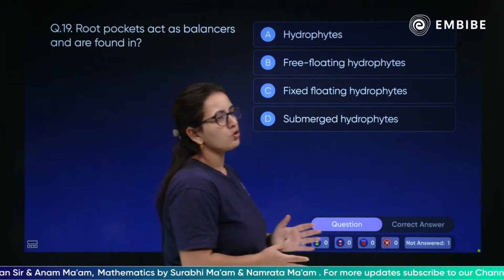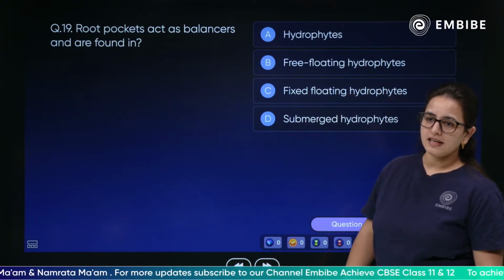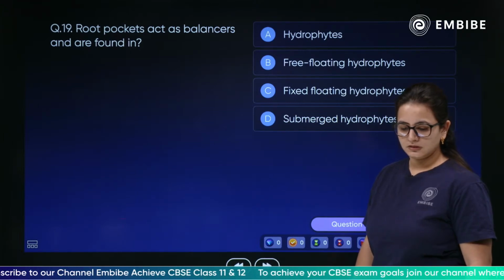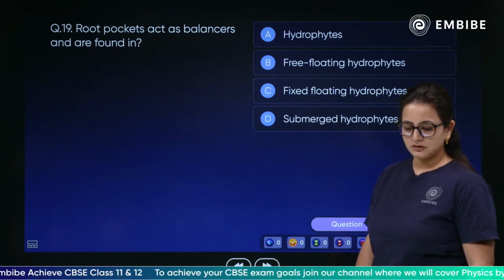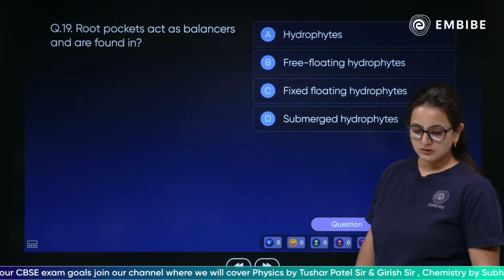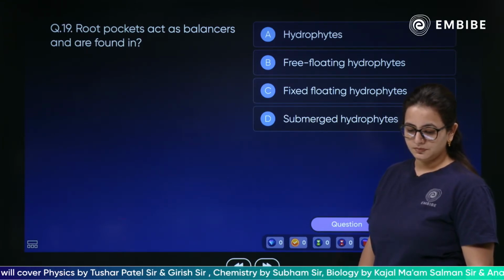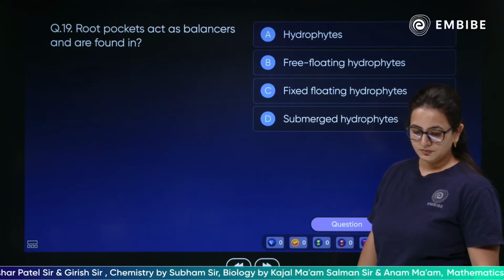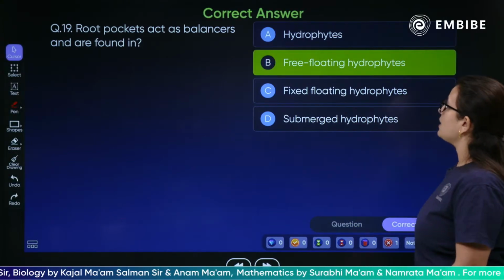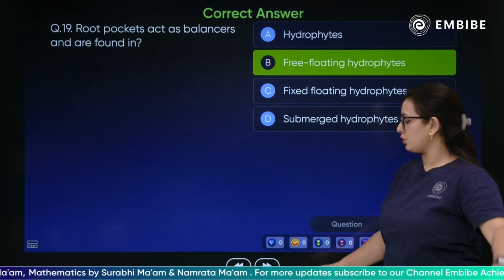Where are the root pockets found? The correct answer is the free floating hydrophytes, which have the root pockets that basically create a balance so that they can float on the water.